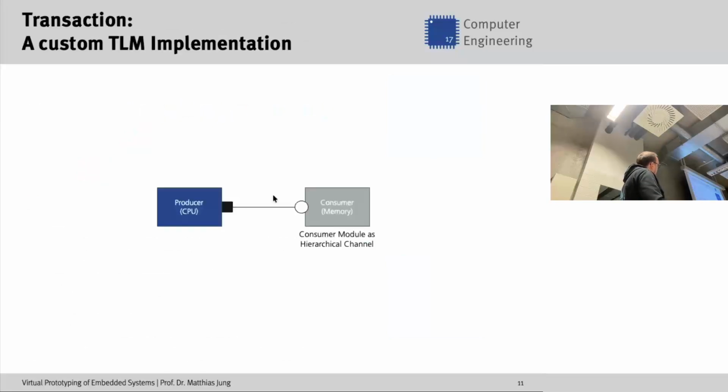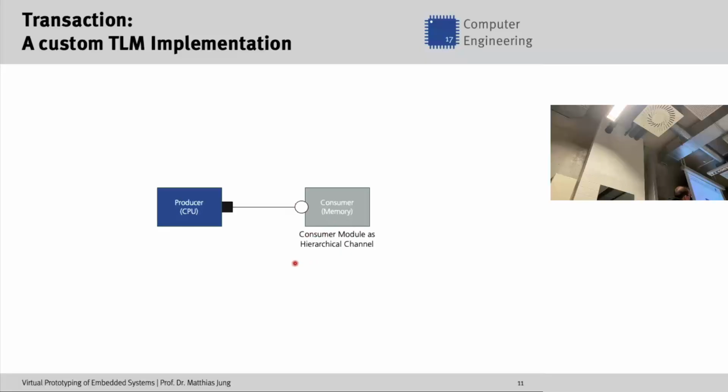Yeah, so how does it work in TLM? It's in SystemC pretty similar to that what we have seen already. But in general, we have again a producer, which is an initiator in TLM. And then we have a target that could be a memory. So this could be a CPU, this could be a memory.